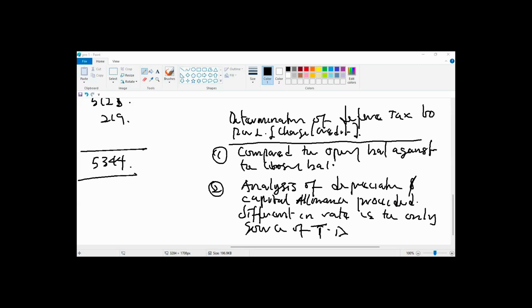They will ask for the same requirement from you, the same requirement as before: to calculate the one that will go to the statement of financial position and the one that will go to the P or L. It now depends, you must know how to interpret.